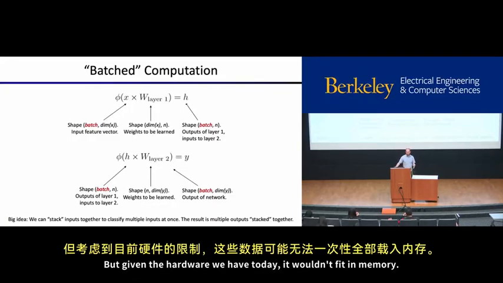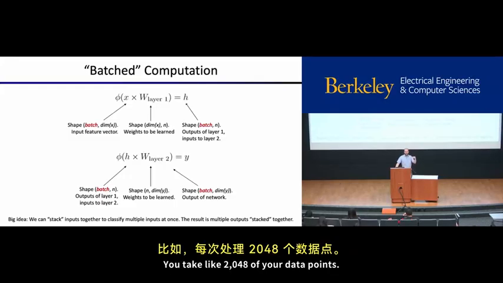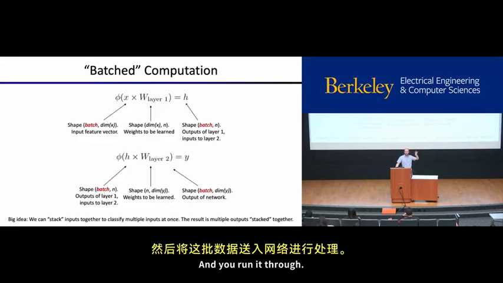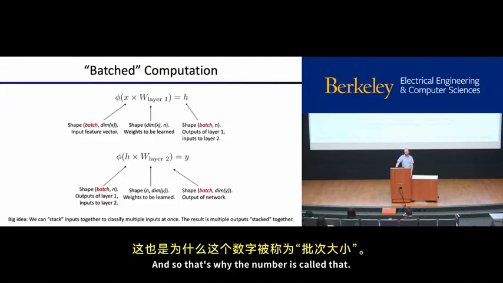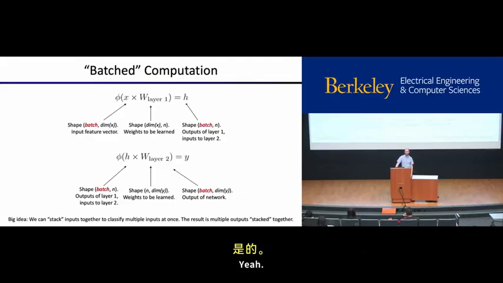But given the hardware we have today, it wouldn't fit in memory. And so you take a batch. You take like 2048 of your data points, and you run it through. And so this is like a batch of your million. And so that's why the number is called that. Yeah. Other questions?